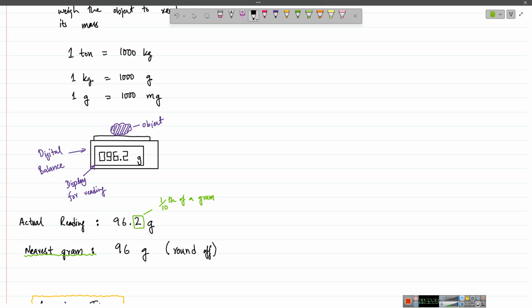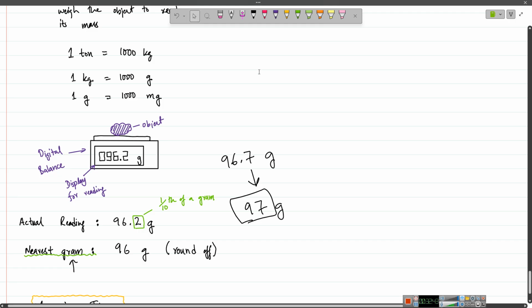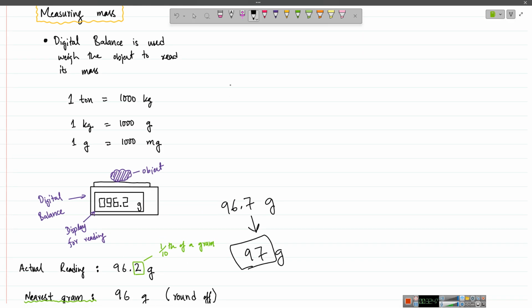If it were 96.7 grams, then the nearest gram would have been 97 grams. Why? Because it gets rounded off. So make sure you round off your values to the nearest whatever unit they ask for, not necessarily gram, could be kilogram. And just a simple unit conversion: 1 ton is equal to 1000 kilograms, 1 kilogram is equal to 1000 grams, 1 gram is equal to 1000 milligrams.